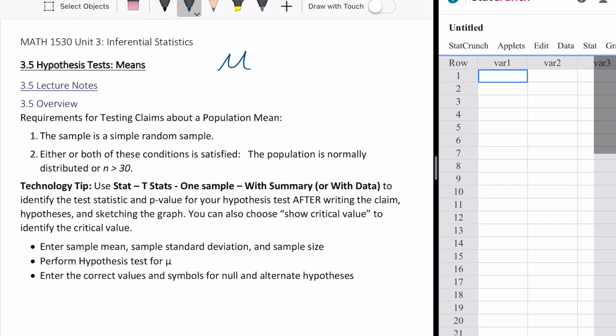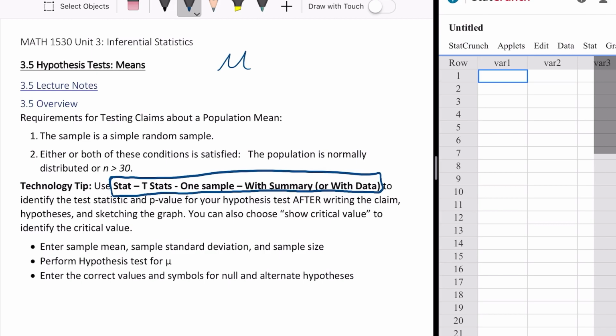All right, so first of all, let's look at the technology that we're going to use. We're going to use t-stats, one sample, either with summary or with data, just like when we were doing confidence intervals for means.